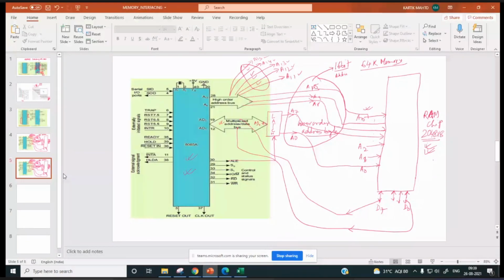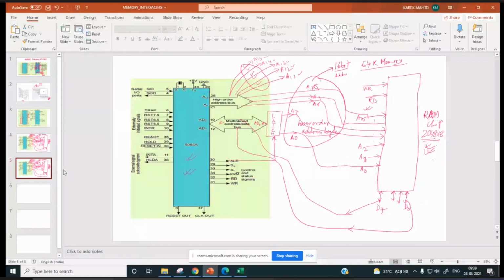So in a ROM chip, you will have only the read bar pin. Here in a RAM chip you will have the write bar pin also. In ROM it will be only read bar. Now where does this read bar go? It should go over here.